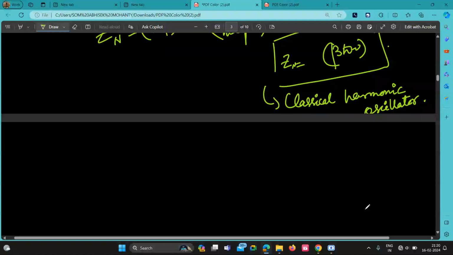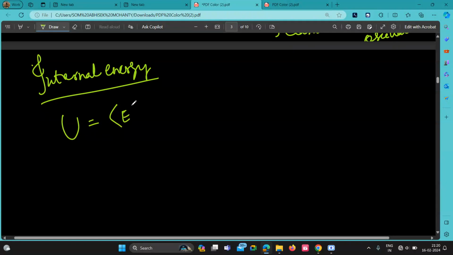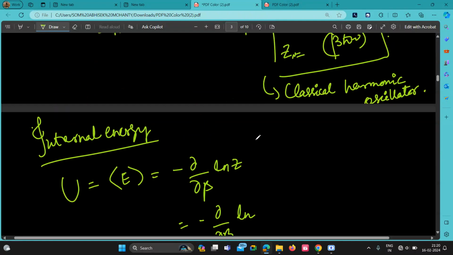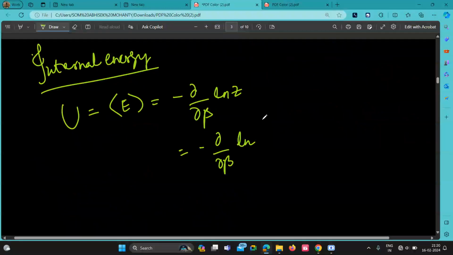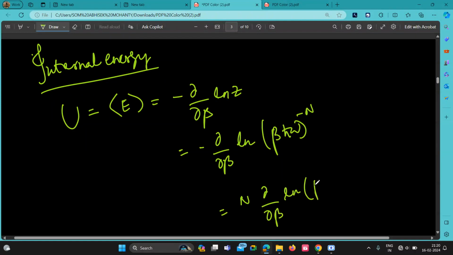Okay, next is the internal energy. Internal energy U is equal to the average of energy, which is minus del by del beta of ln Z. Z is (beta h cut omega) to the power minus N. Minus N will go out, so N del by del beta of ln (beta h cut omega).